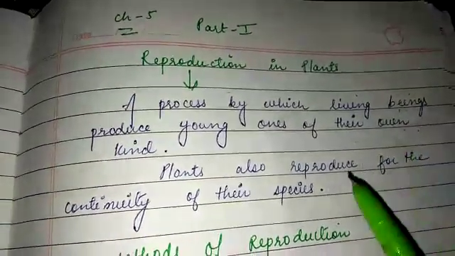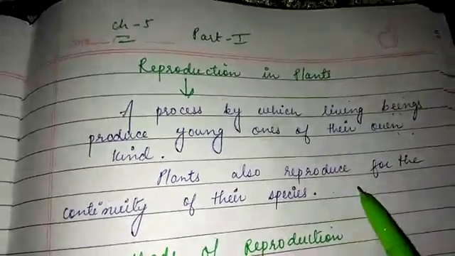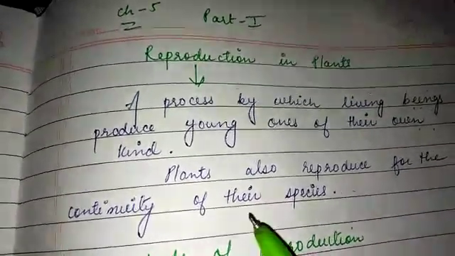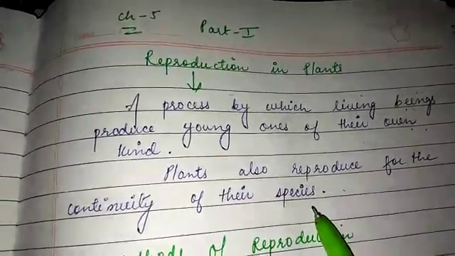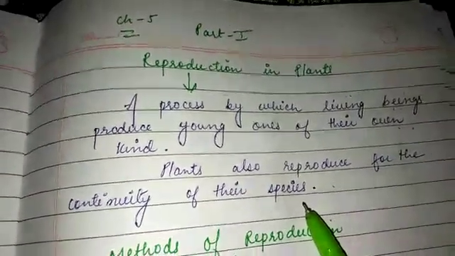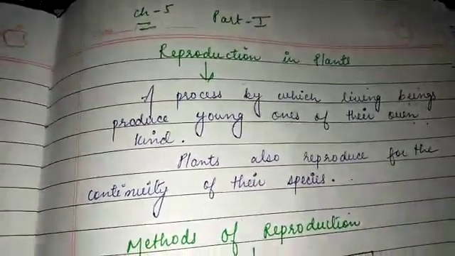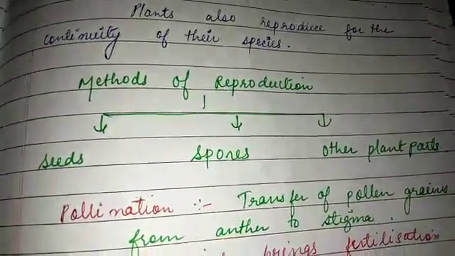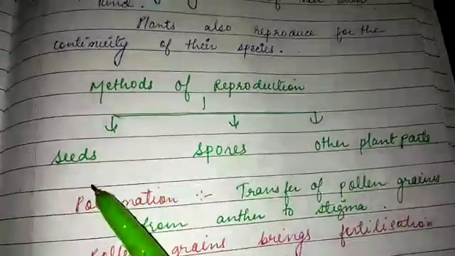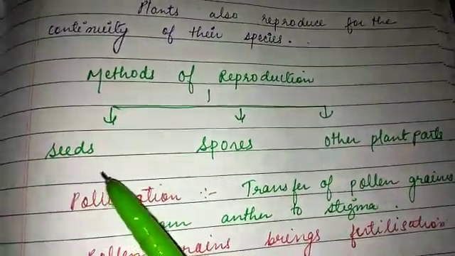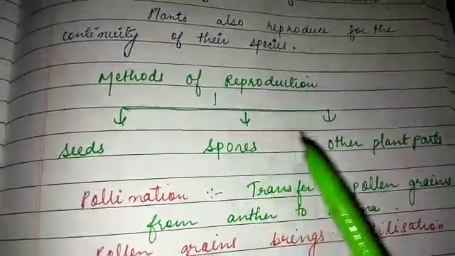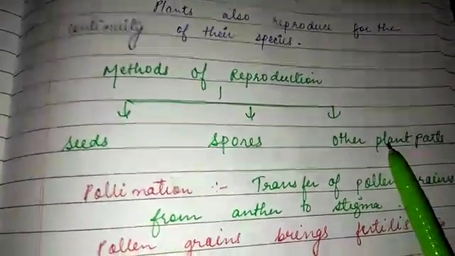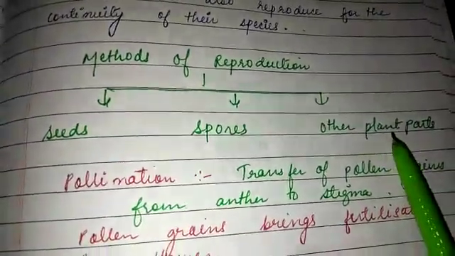In the same way, plants also reproduce for the continuity of their species, so that they should not die. Then we'll see the methods of reproduction. How do they reproduce? They reproduce either by seeds or by spores or by other plant parts, which is also called vegetative reproduction.